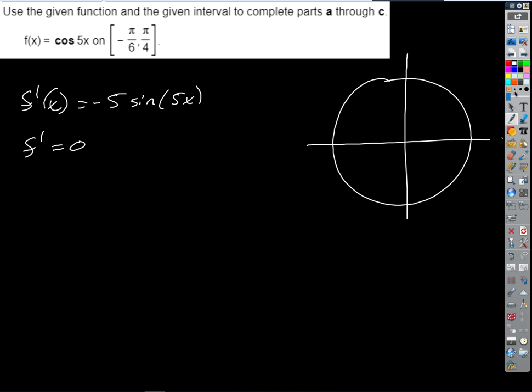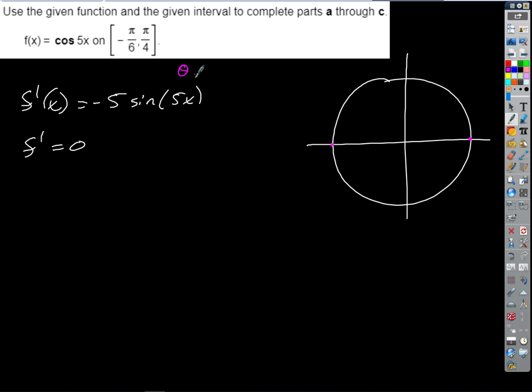So 0 would be at that place on the unit circle and at that place. Everybody agree? Okay. But that's what 5x is equal to, right? Think of this as being a theta. Sine of theta equals 0 when theta equals 0, pi, or 2 pi.